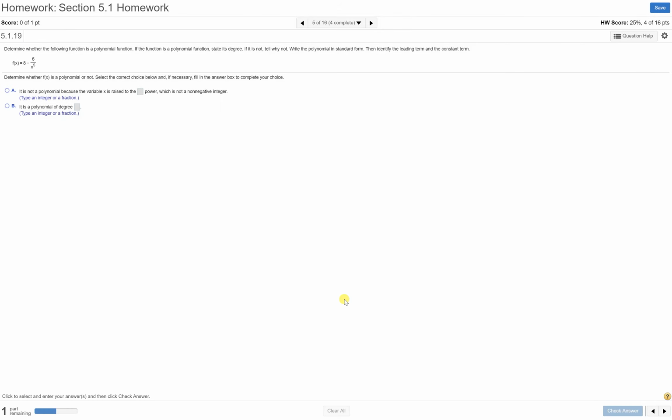For this one, is this a polynomial? At first you're thinking, wait a second, this should be, because x is raised to a positive whole number power. But remember, guys, for polynomials you have to have every term as a numerator. So you have to take this x and move it up as a numerator. The way you do that is you make the power turn negative. So it looks like this when you move it up.